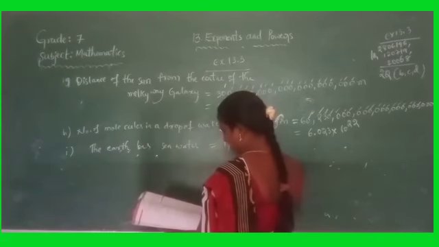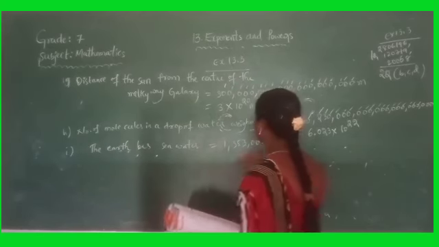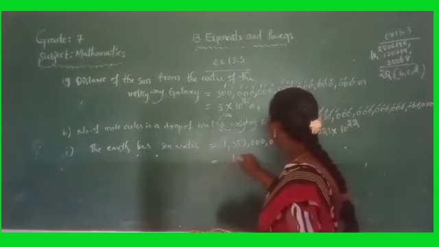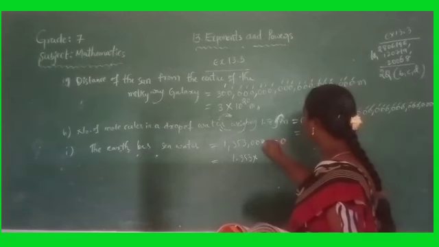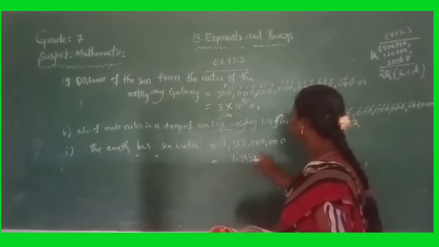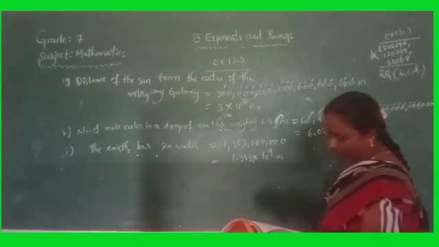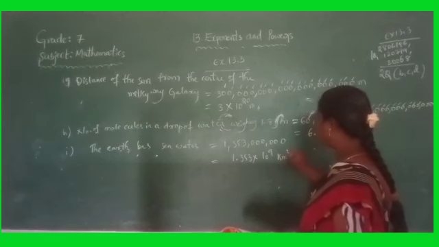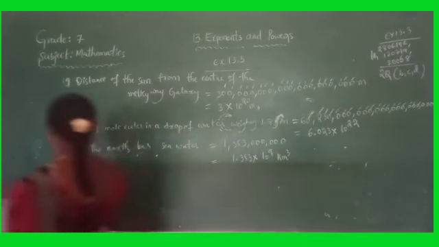That is 1,353,000,000. So how to write this one in the standard form? 1.353 into 1, 2, 3, 4, 5, 6, 7, 8, 9. That is 10 to the power of 9 kilometer cubes. Okay, children? Last one, that is J.